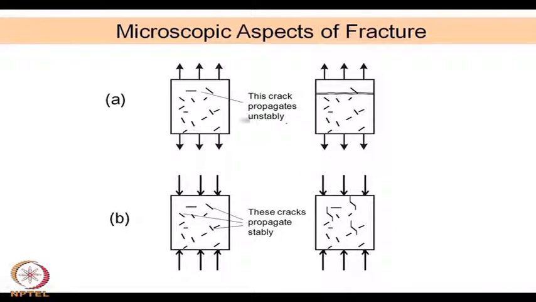Now, these two terms, unstably and stably, must be noted. Unstably means it suddenly fails or it suddenly propagates. Stably means it is a more gradual propagation of the crack.